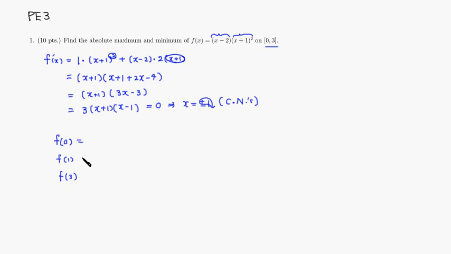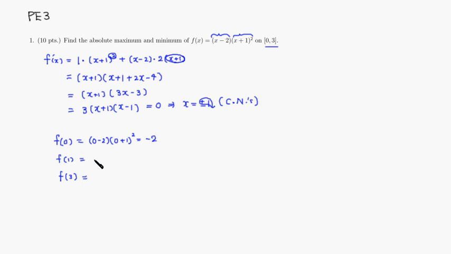One of these will be the maximum and one of these will be the minimum. If you plug in 0, you have (0 - 2) times (0 + 1)^2, which is 1 squared times negative 2, so it's negative 2.